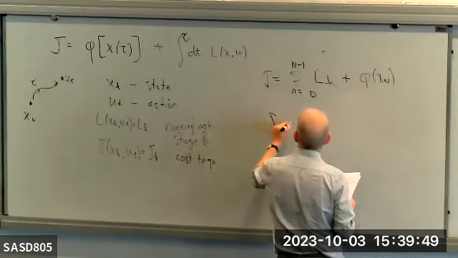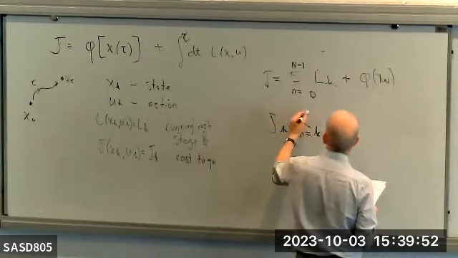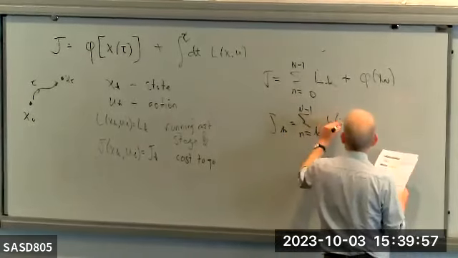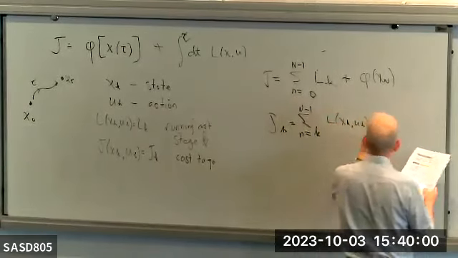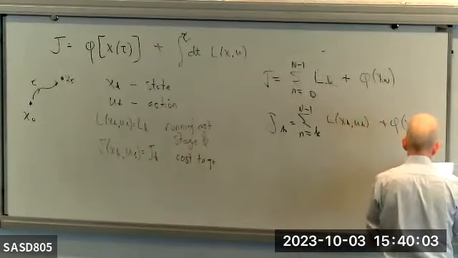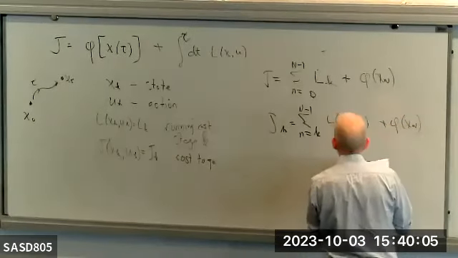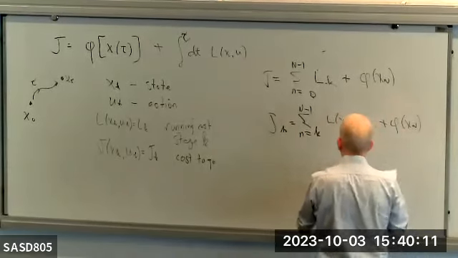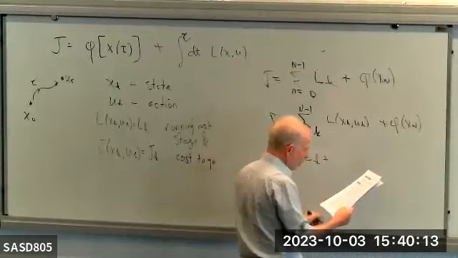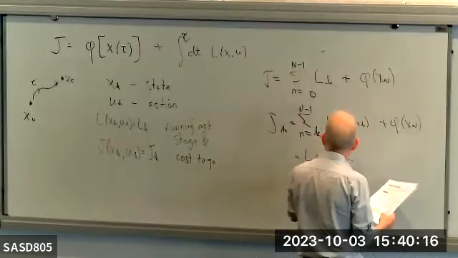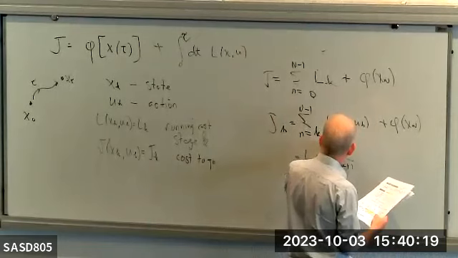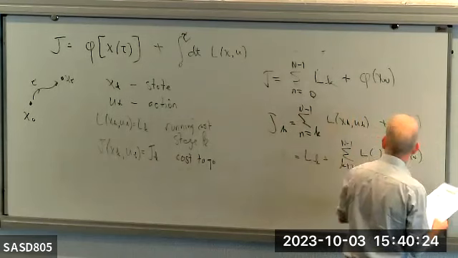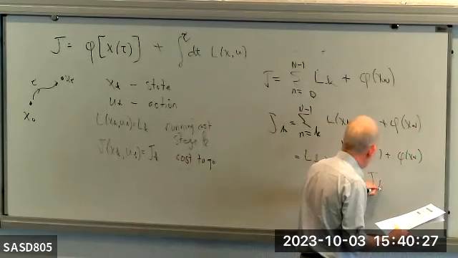Let me define Jk as the cost starting from time k of all of this L of xk, uk. Then we can write this as lk plus the sum from k plus 1 to n-1 of L, and phi of xn. But this is just J k plus 1.